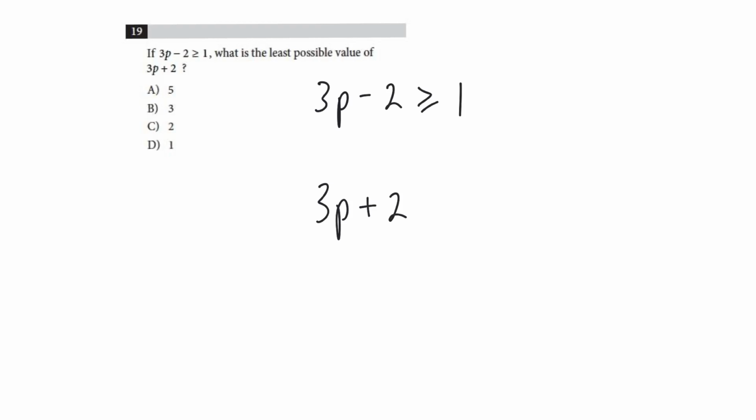Well, all we're doing is adding 4 to this expression. So we're adding 4 to both sides. Nothing's going to change for the inequality. So it has to be greater than or equal to 5. So the least value is 5.